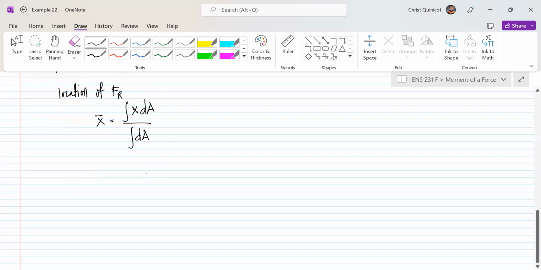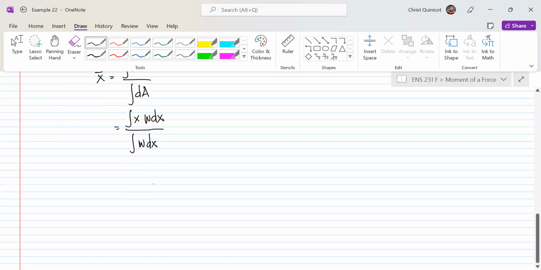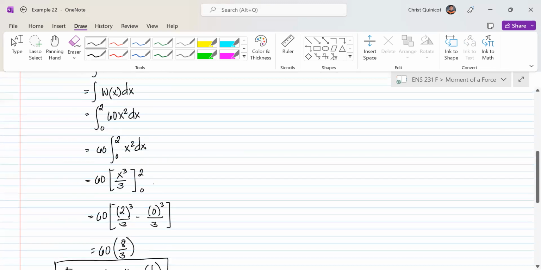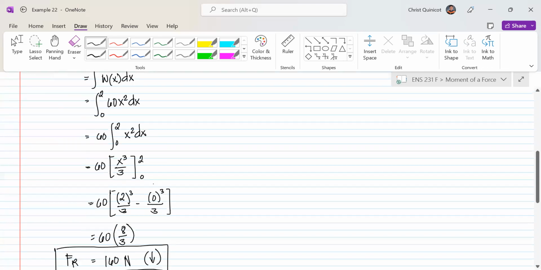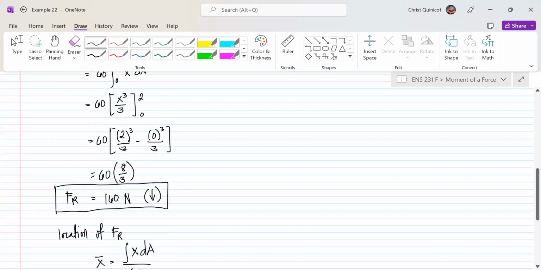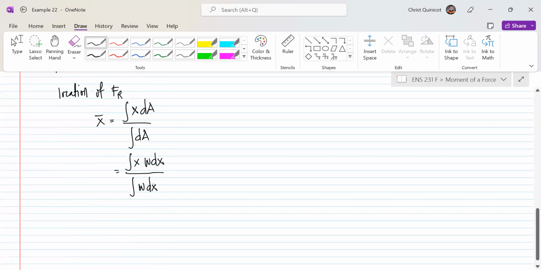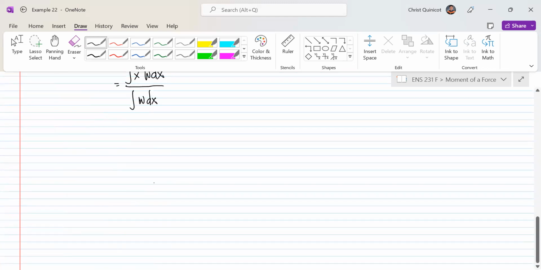And we know that dA is w dx, so this is the integral of x times w dx over the integral of w dx. Now we know the integral of w dx, because we have calculated it to find our resultant, that is 160 Newton. So we can immediately substitute 160 Newton here.